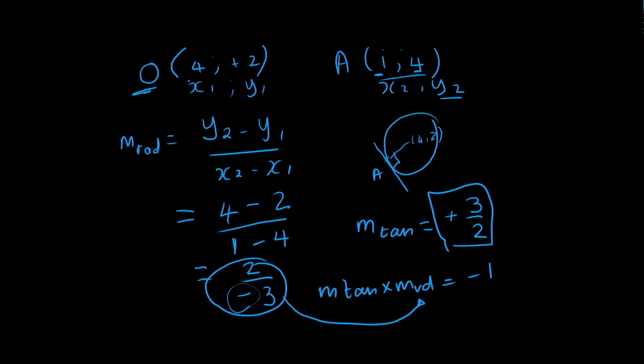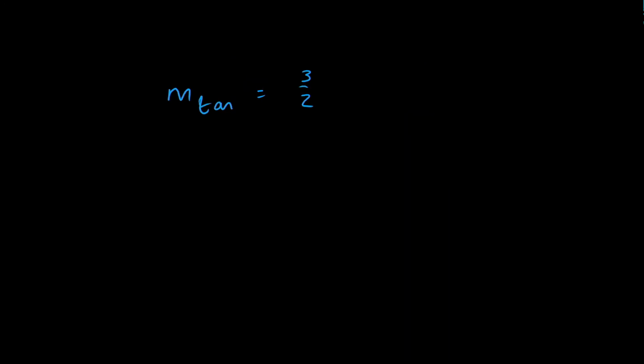So we've got the gradient of the tangent was 3 over 2. And we're using the point of contact A, so A was 1 and 4. Therefore, I use y minus y1 is equal to m times x minus x1 to find the equation of the straight line.